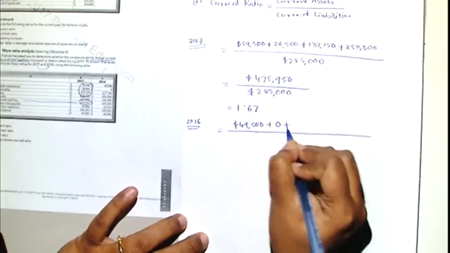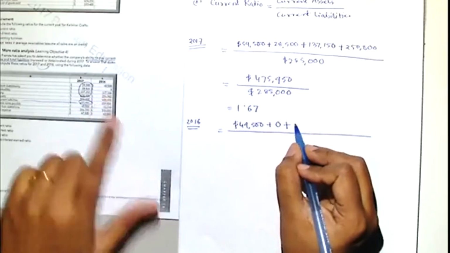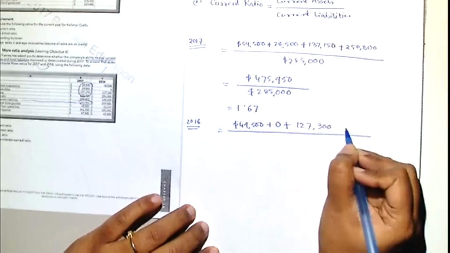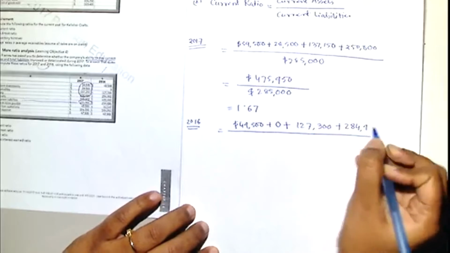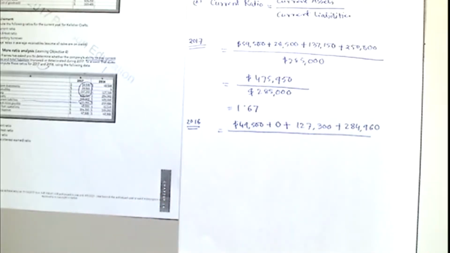Okay, so you can put 0, or you don't need to do anything here. 27,300, and then 284,960. And what is your total current liability for 2016?